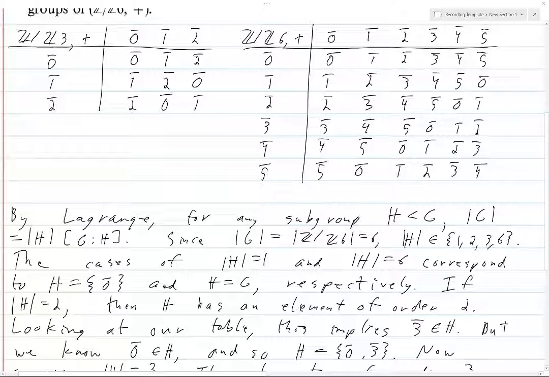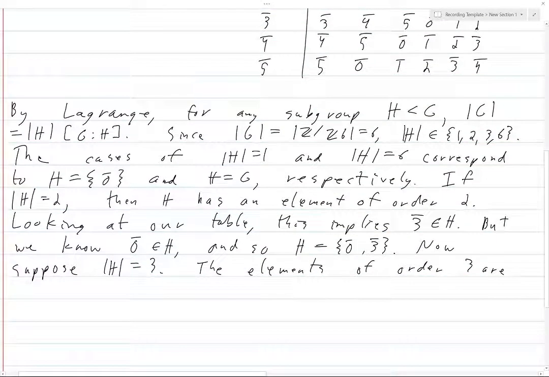So what we have left is 2, 4, and 5. 2 plus 2 is 4, and 4 plus 2 is 0, so that's good. So 2 has order 3. 4 plus 4 is 2, and 4 plus 2 is 0 again, so 4 has order 3. 5 plus 5 is 4. 4 plus 5 is 2, and so that's no good.